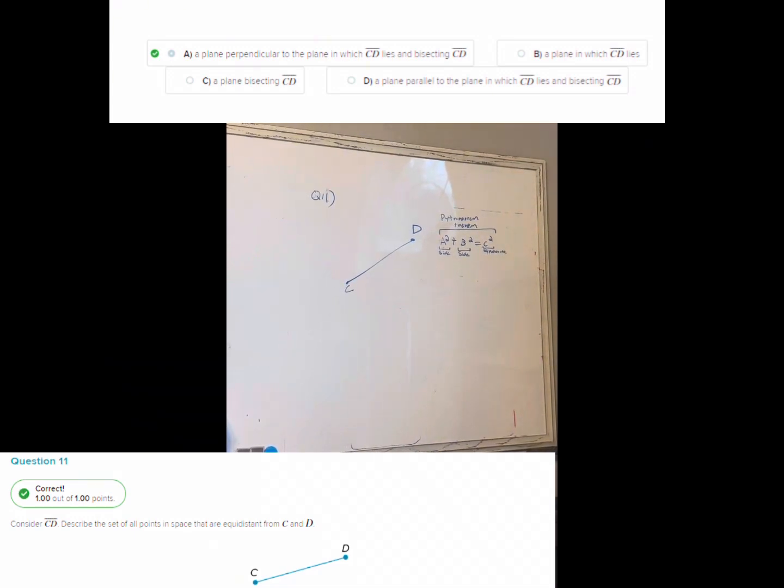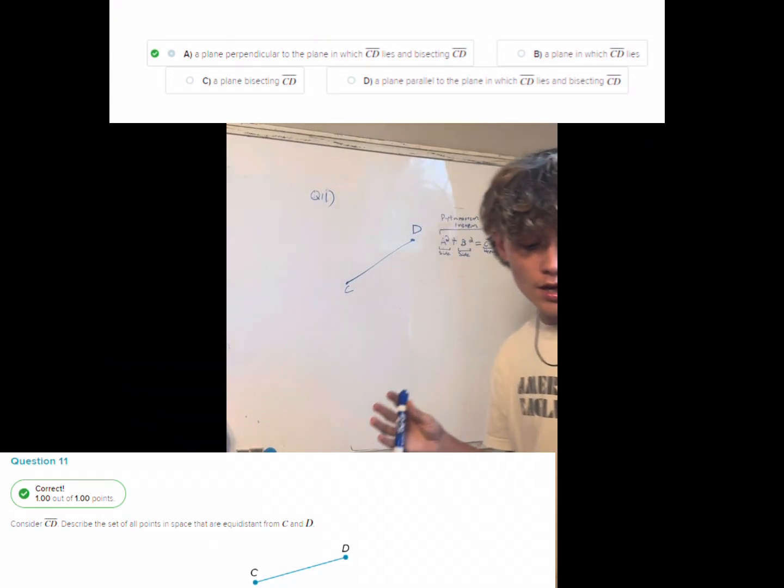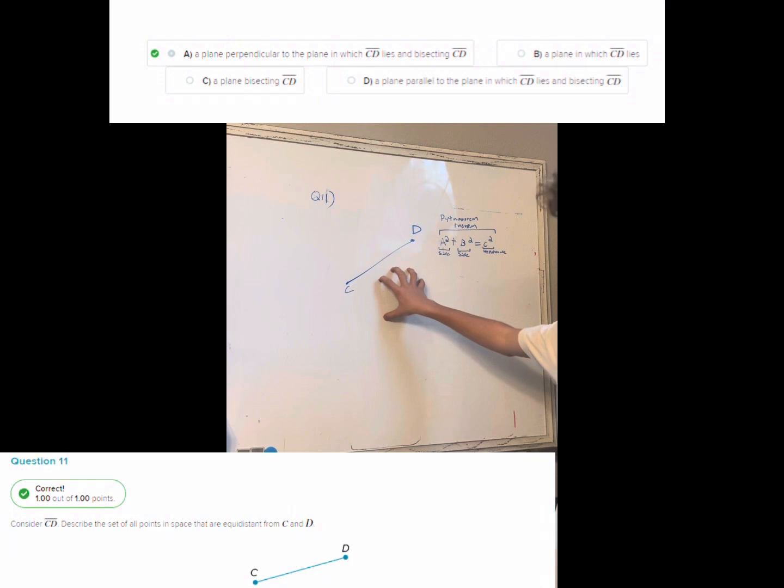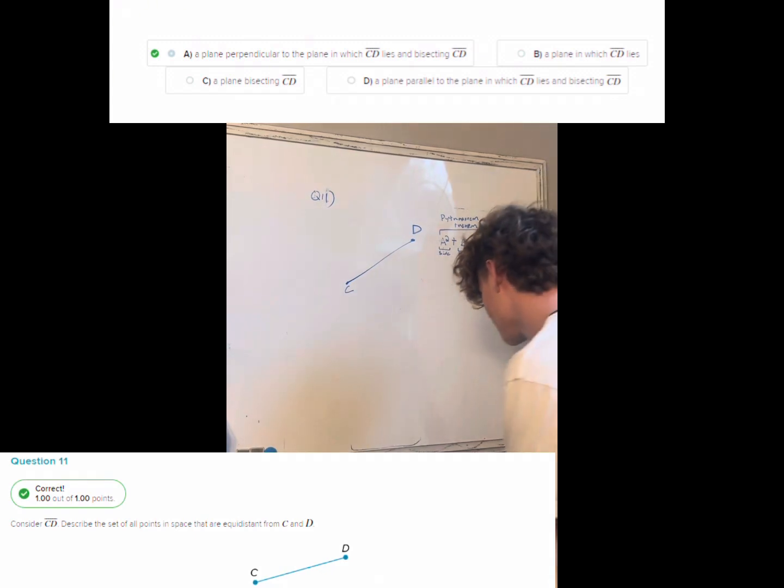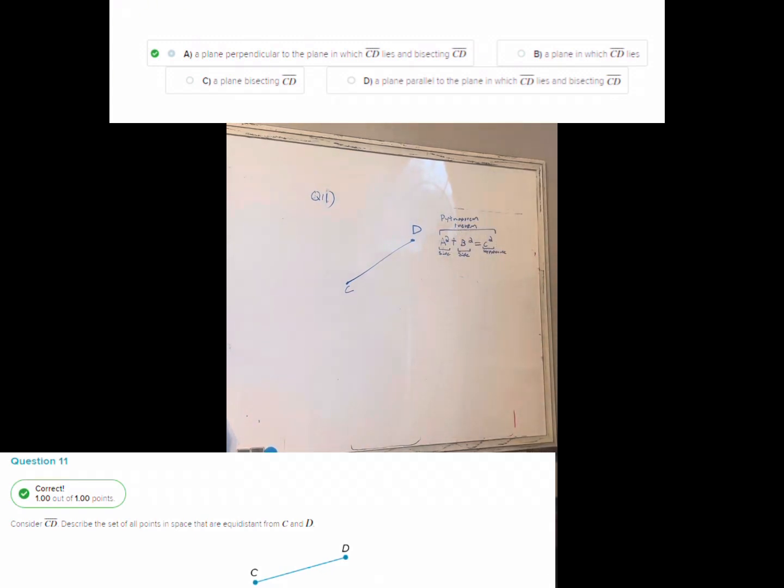So this question is question 11. It's going to be incredibly hard to put on the board, right? Because it doesn't really make much sense, and it's very confusing to draw. But I'm going to read it to you and give you the answer. So, consider CD. Describe the set of all points in a space that are equidistant from C and D, okay?